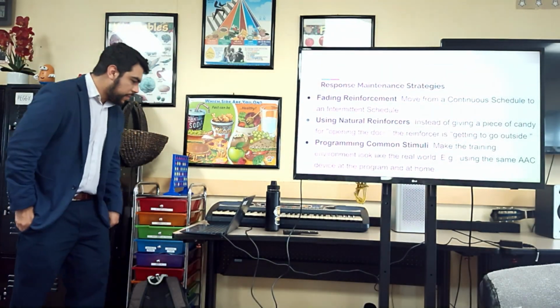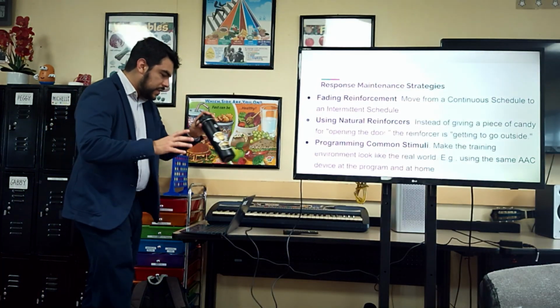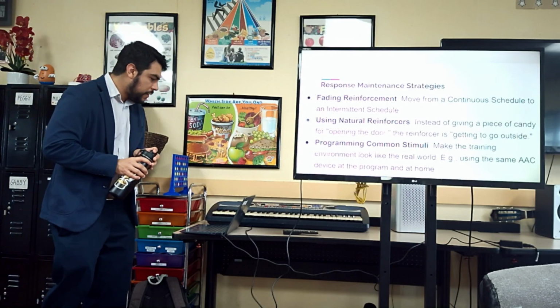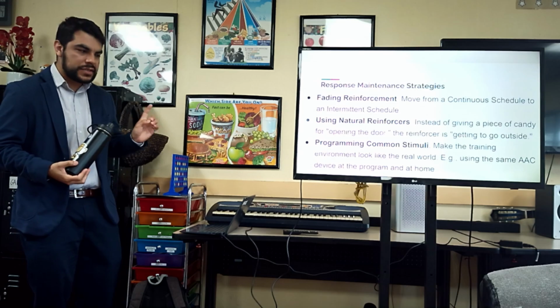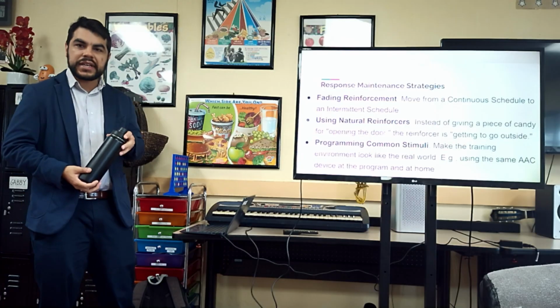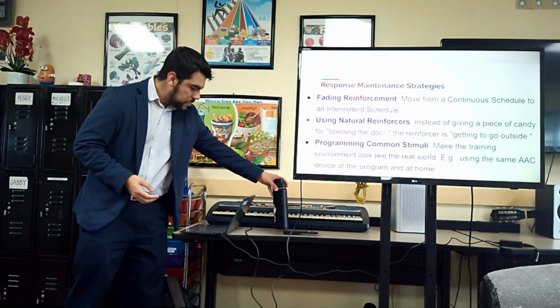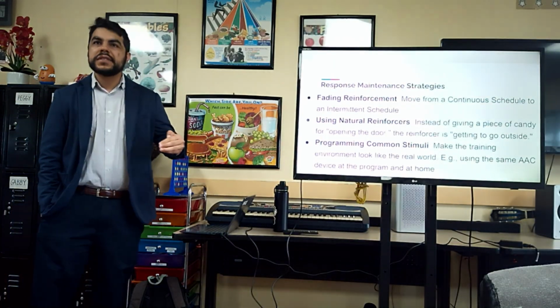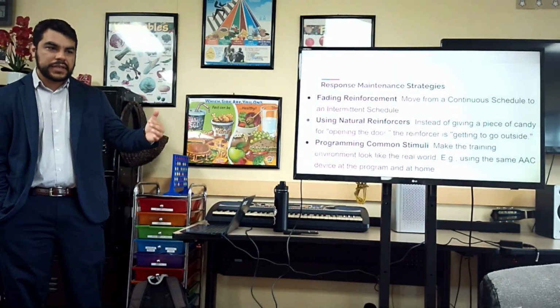Now some response maintenance strategies to ensure that they keep it and they don't lose it. For one, we touched on this one when we talked about schedules of reinforcement, but it's going from a continuous schedule of reinforcement to an intermittent one. Continuous, it's for when we're building up the skill.